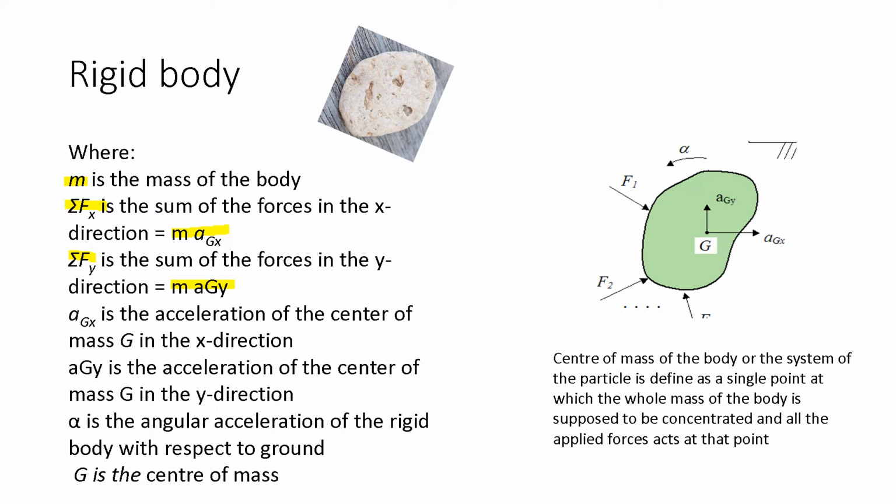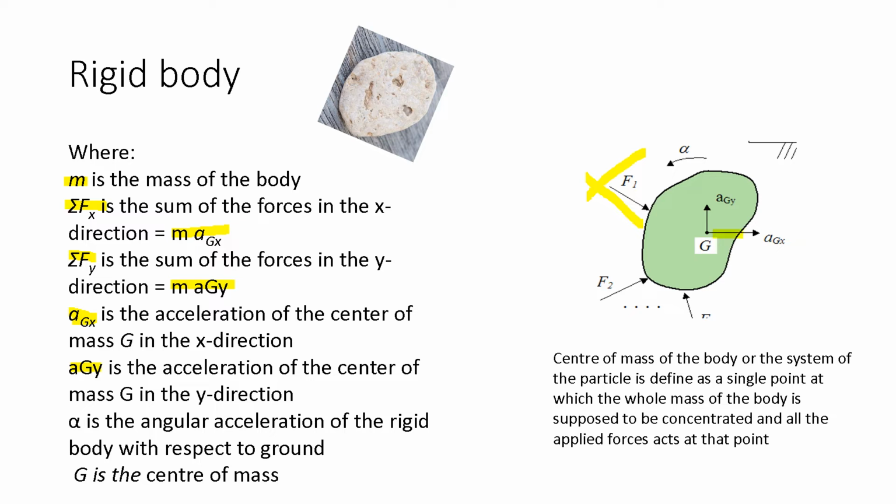If you resolve these vectors, they get resolved into two components, one in the x direction and one in the y direction. a_gx, where a is acceleration and gx is the acceleration of the center of mass G in the x direction. Then a_gy is the acceleration of the center of mass in the y direction. So it's already shown here.